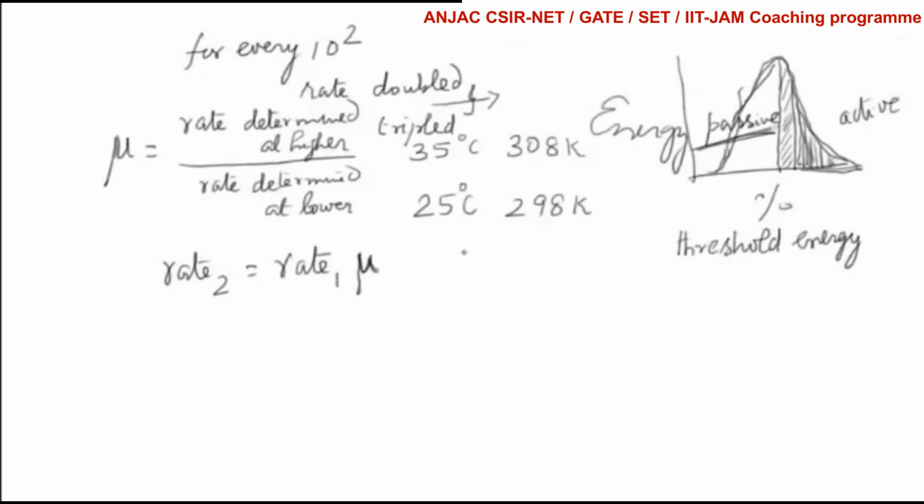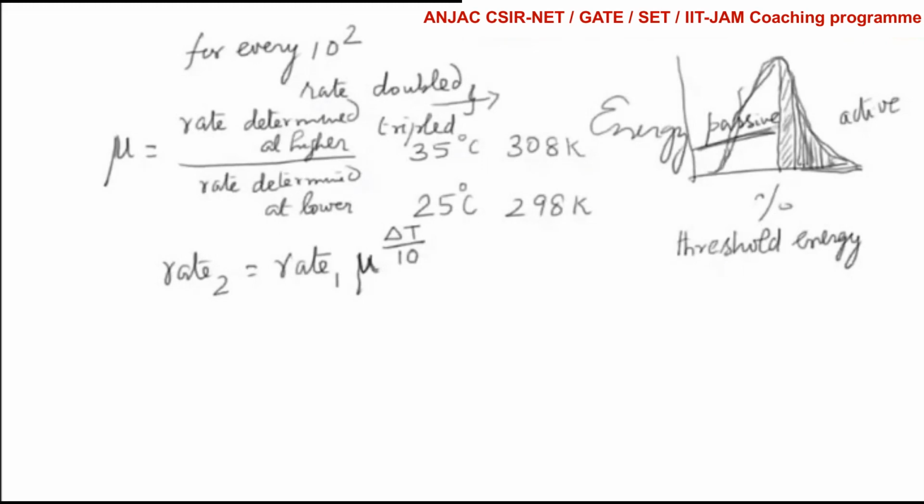The temperature coefficient means that for every 10 degrees centigrade there is a rise of 2 times. Therefore, mu may be 2, or 3, or a fraction.